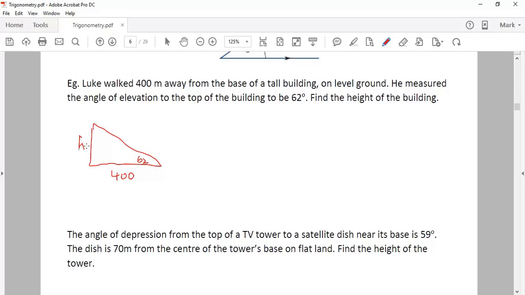So basic right angle trig. You've got opposite and adjacent, so it's going to be tan. Opposite is h, adjacent is 400. So we know that tan 62 equals h over 400.